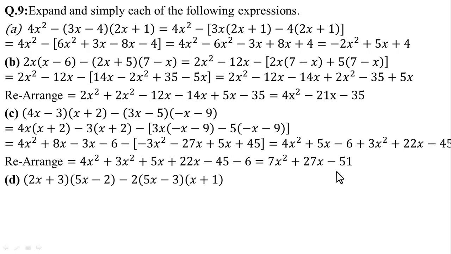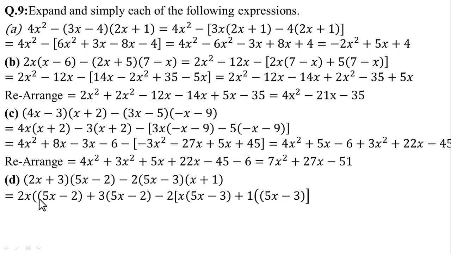Now in the last part, part D of question number 9, (2x plus 3) into (5x minus 2) minus 2 into (5x minus 3) into (x plus 1). First of all, multiplying each value, we have 2x into (5x minus 2) plus 3 into (5x minus 2) minus 2 [5x multiplied by x plus... (5x minus 3) multiplied by (x plus 1)].